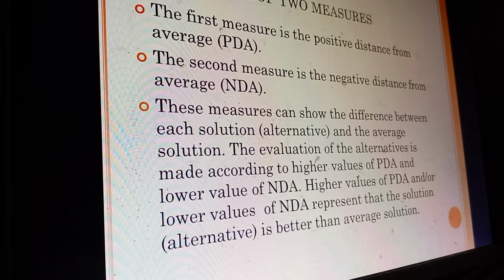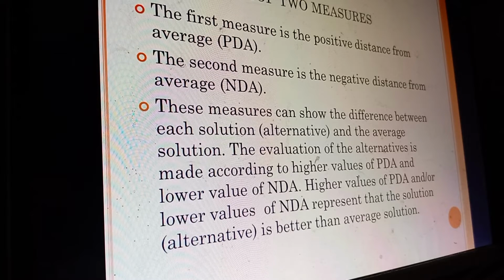These measures can show the difference between each alternative and the average solution. The evaluation of alternatives is made according to higher values of PDA and lower values of NDA. Higher values of PDA and lower values of NDA represent that the alternative is better than the average solution.